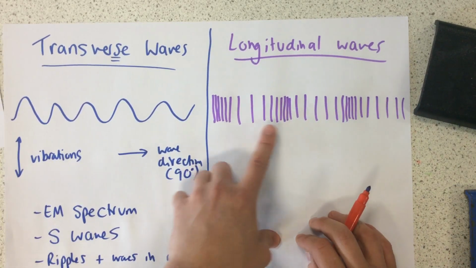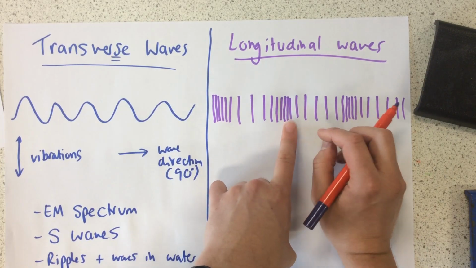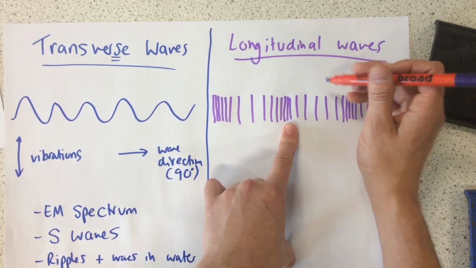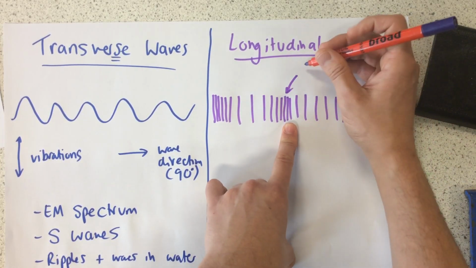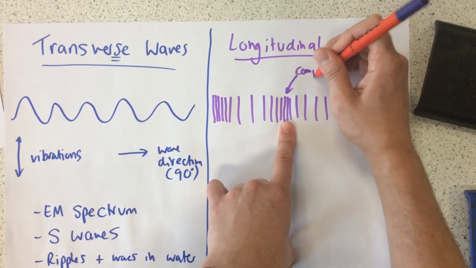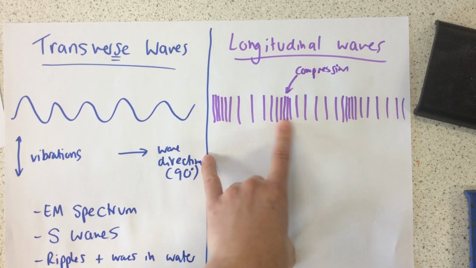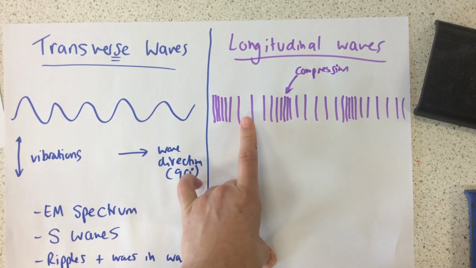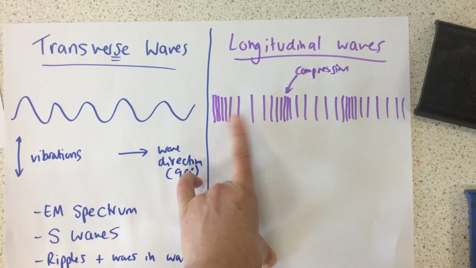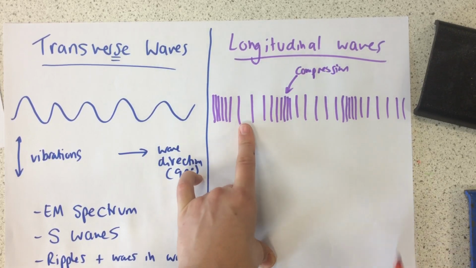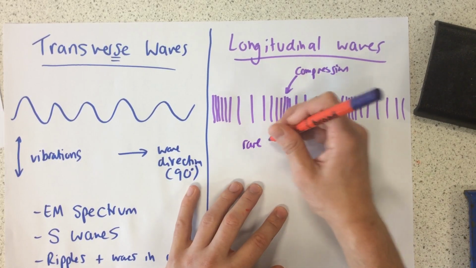Let me explain. When we have loads of these waves all compressed together, squashed up, this is called a compression. When we have this section here, where there is a gap between the waves, this here is called a rarefaction.